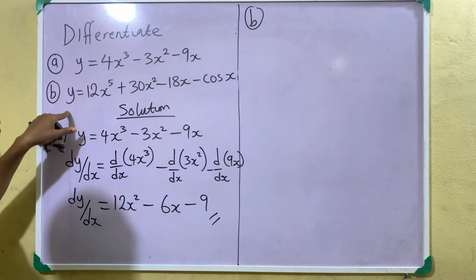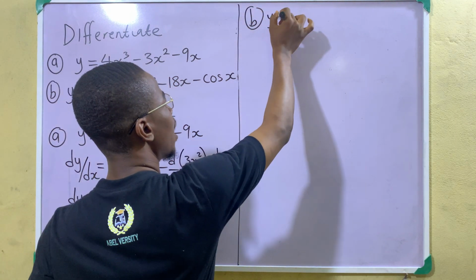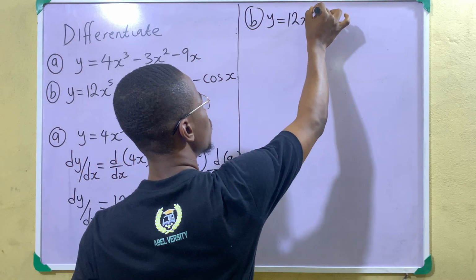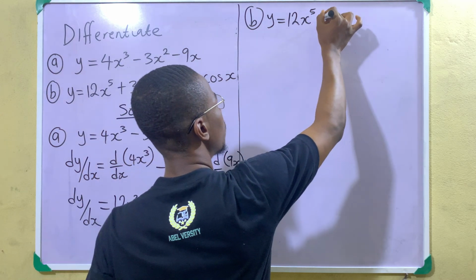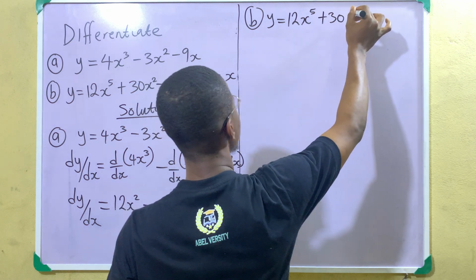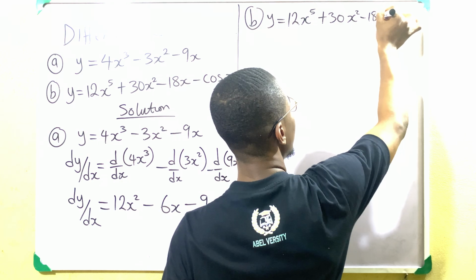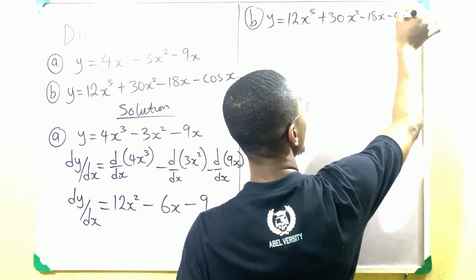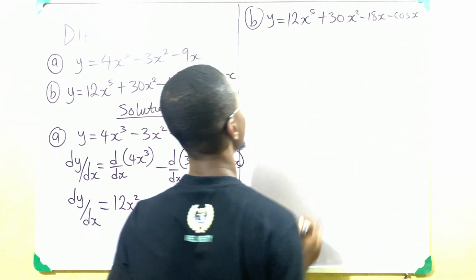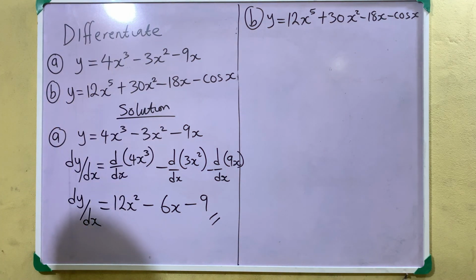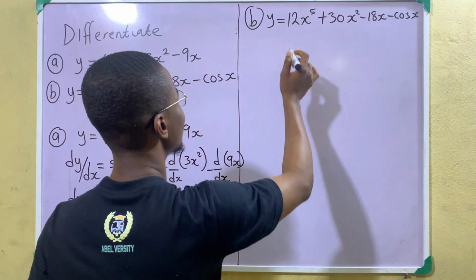B says we have a function y equal to 12x to the power 5 plus 30x raised to the power 2 minus 18x minus cos x. We go back to our sum and difference rule. Treat them as individuals.